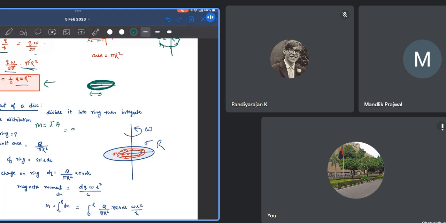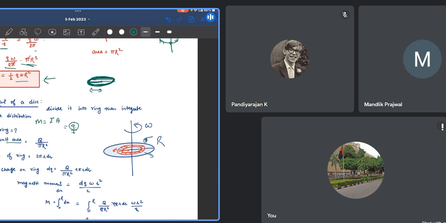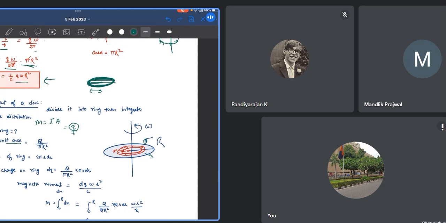I is given by Q upon T. So we will calculate charge per unit area for the disk. Since we are given a charge distribution across a surface by sigma, charge per unit area is given by Q upon pi r square. This is our sigma for the case of the disk.